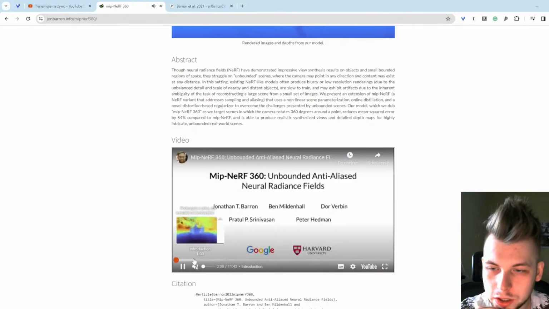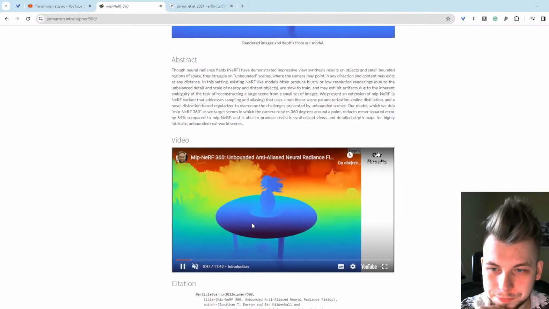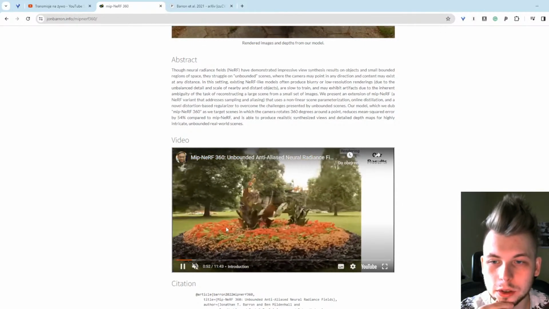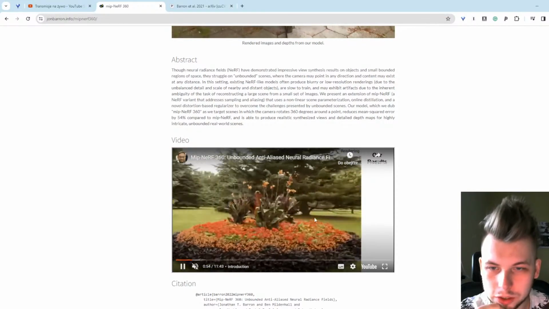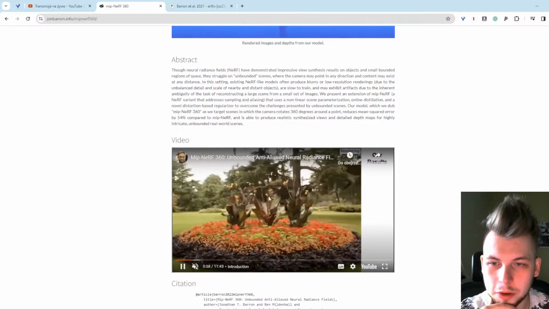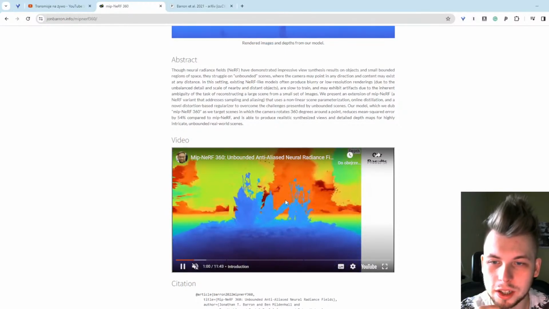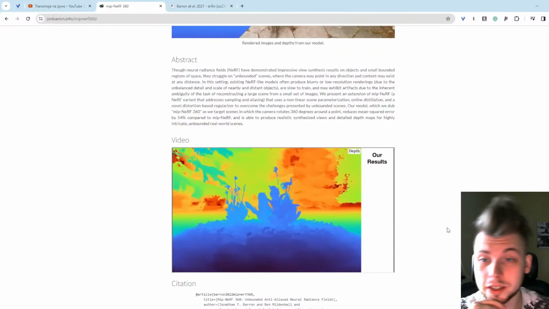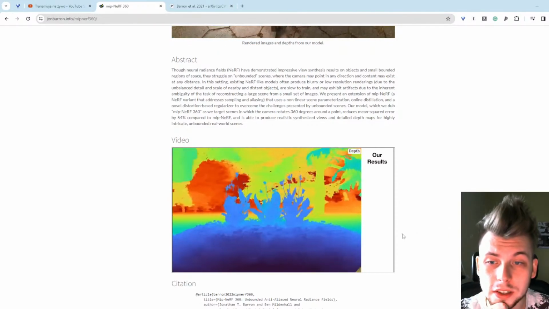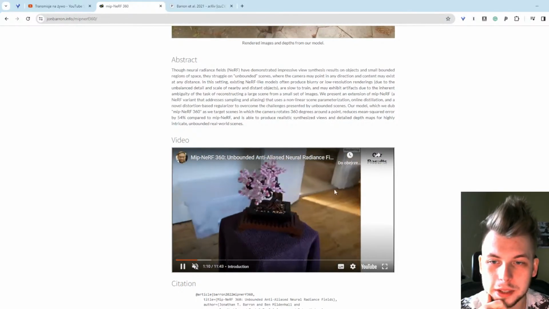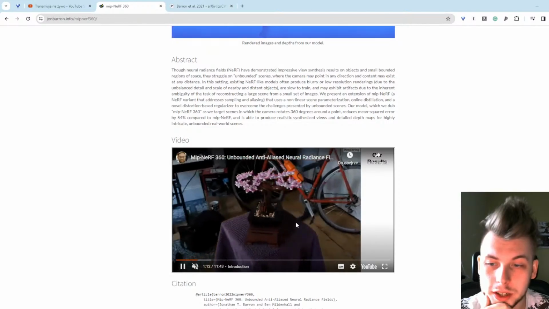So the goal here is mostly to model the faraway area from the central object, right? So like here, the background objects usually come out blurry in original solutions, and Mip-NeRF 360 is creating a representation that will allow rendering unbounded scene content beside the central object.